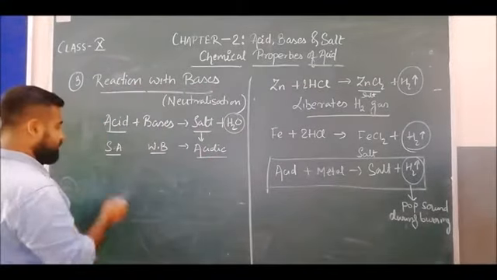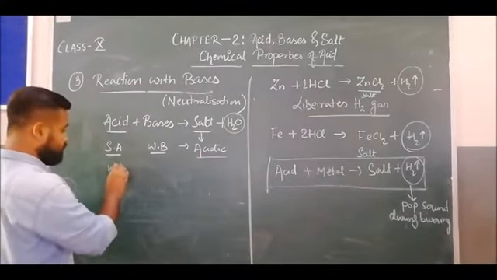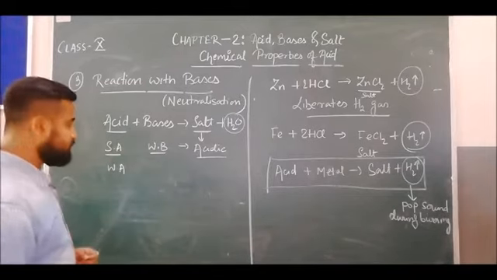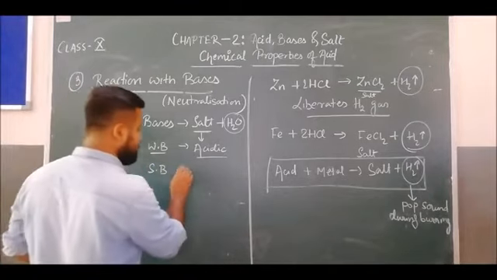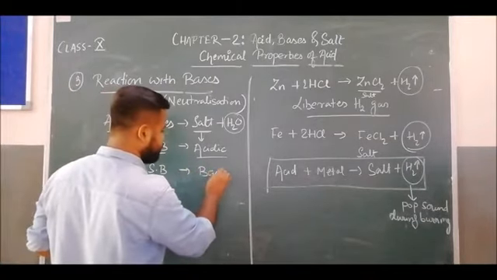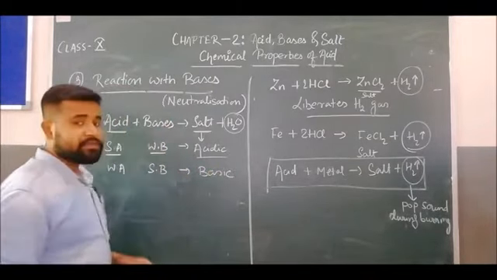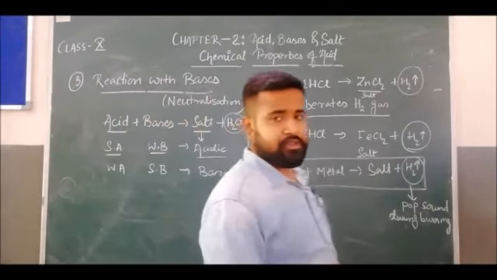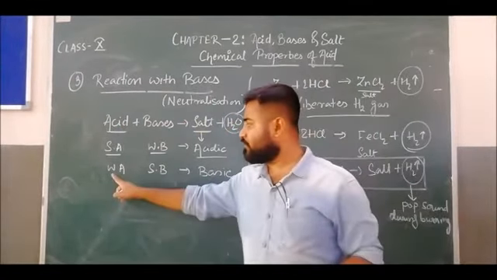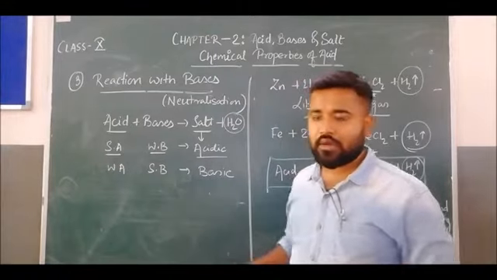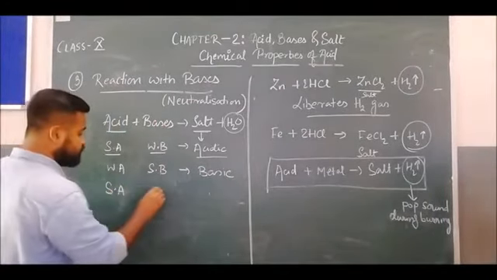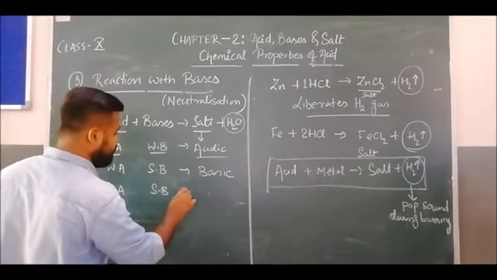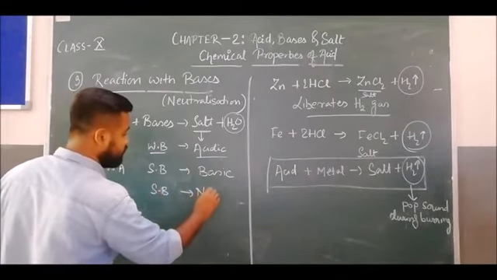But if a weak acid and a strong base are there, then it gives basic salt. Only when there is strong acid and strong base do we get neutral salt.